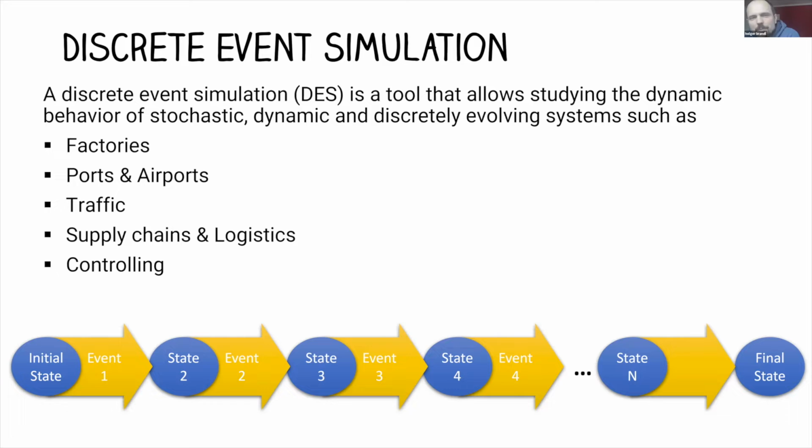So what's happening in discrete event simulation is that we have a system, which is our model, and it has some initial state. And then a discrete event allows us to propagate, to evolve its state. And then the next event is coming and it will evolve the state of the system again. So what we have is a series of events which will evolve our state, but it's doing so in a discrete manner.